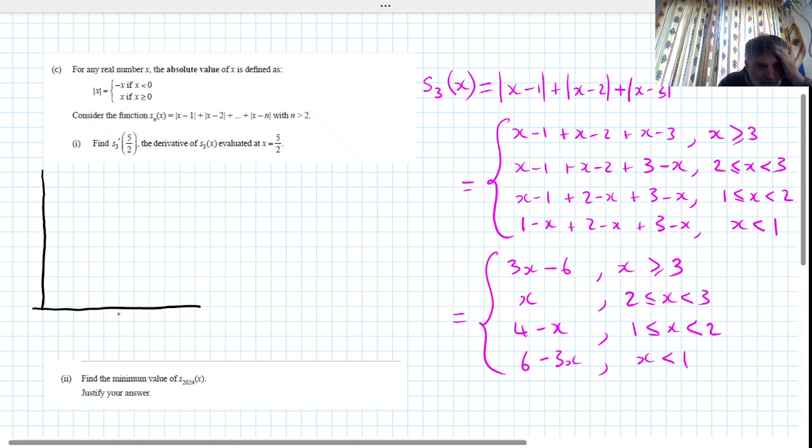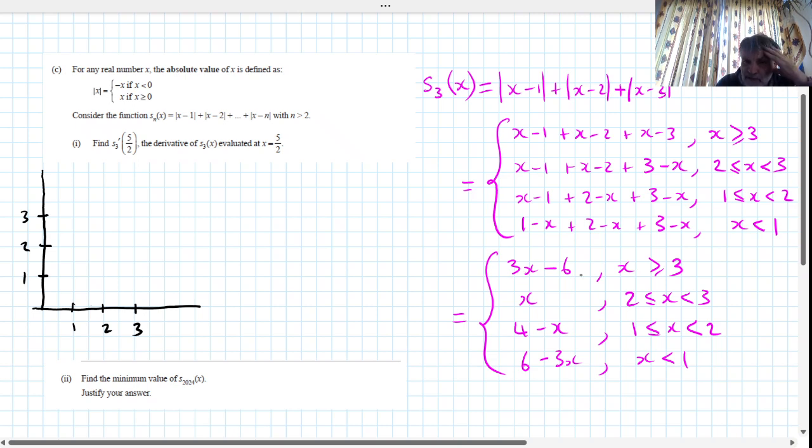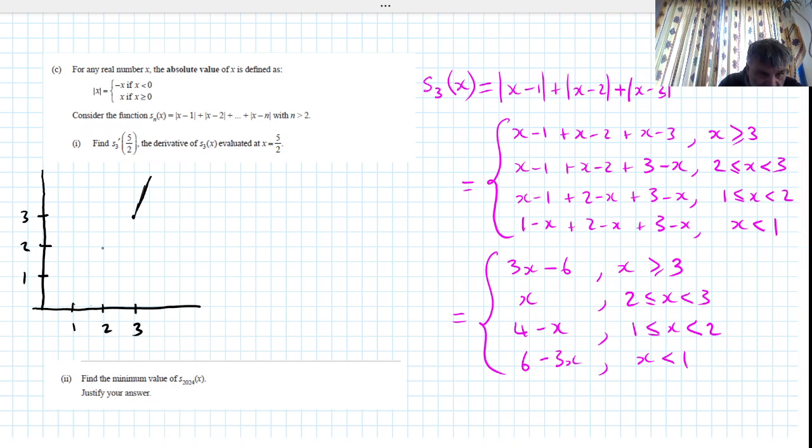So if x is bigger than or equal to 3, again I'll use 2 squares for 1. 3 3's are 9, minus 6 is 3, so it's going to go through this point here, and it's got a slope of 3, so across 1 up 3, so quite steep. If x is between 2 and 3, it's just got y equals x, which is just the line that goes through here.